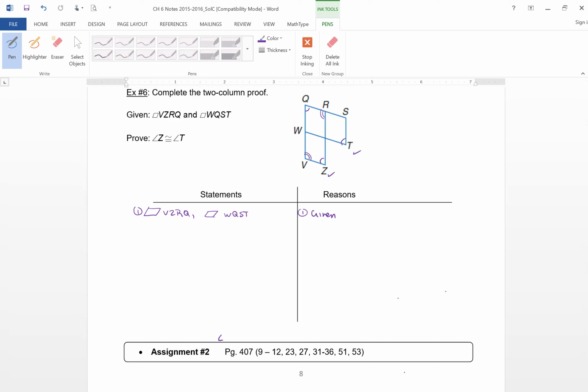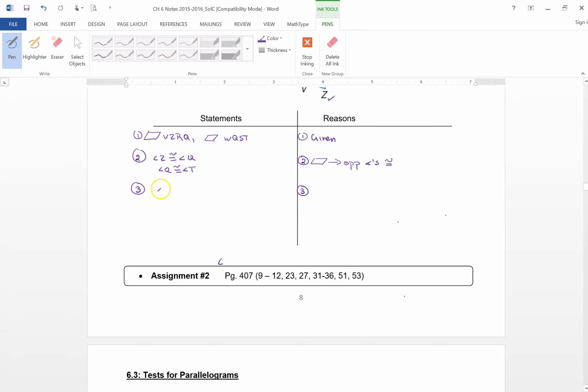So I say angle Z is congruent to angle Q, and angle Q is congruent to angle T. In a parallelogram, opposite angles are congruent. And the third one is that angle Z is congruent to angle T, transitive.